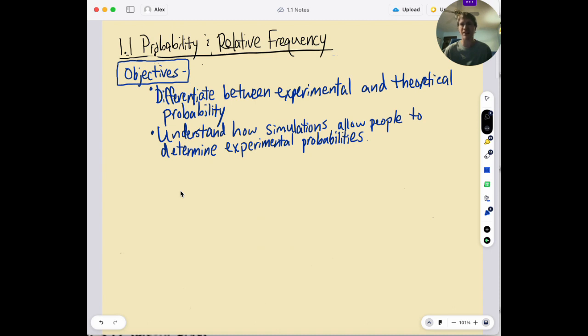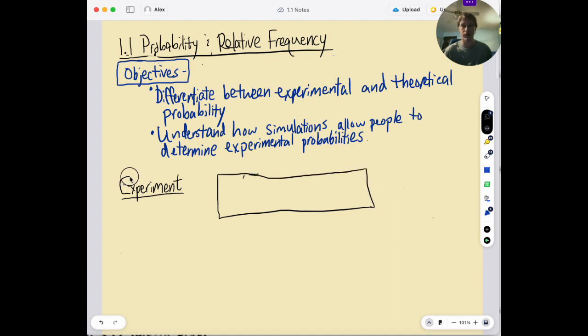So the first thing that we need to discuss is what an experiment is. When I use the word experiment, what I'm talking about is basically a situation in which there are multiple different outcomes that we can enumerate as follows. Maybe that's 1, 2, all the way to capital N. And we refer to all these possibilities as the sample space.